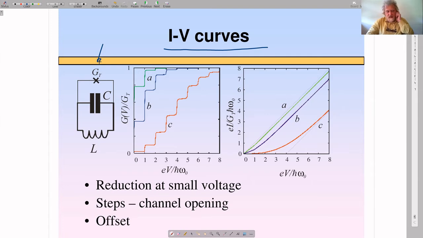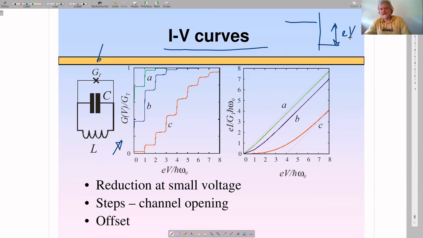First I look at the differential conductance of the junction. Why is it convenient to look at? Let me recall this picture with the voltage strip.